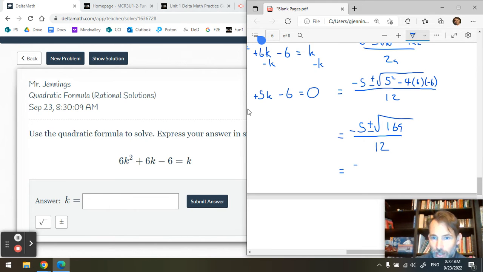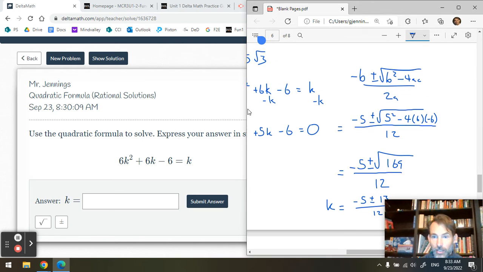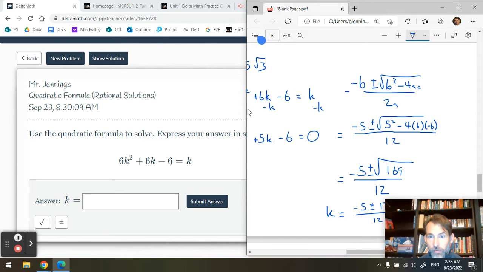So this is equal to negative 5 plus or minus 13 over 12. That's going to lead to two solutions. Negative 5 minus 13 would be minus 18 over 12. So this is k equals. We should also highlight this. The whole point of the quadratic formula is it tells you what k equals.